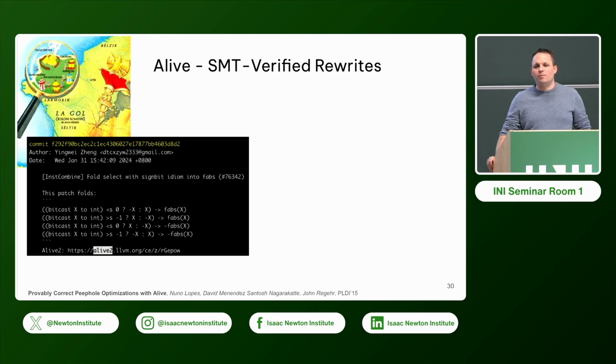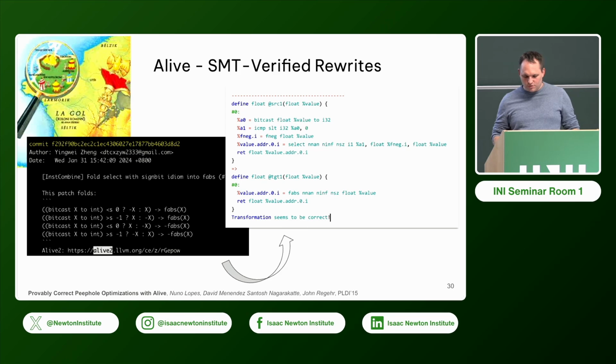And so they just copy a link to Alive, which is an online tool which just tells everyone who's interested that this commit is correct. And there are meanwhile 4,000 of these commits in LLVM. There's formal semantics pretty much used day to day in the LLVM ecosystem.